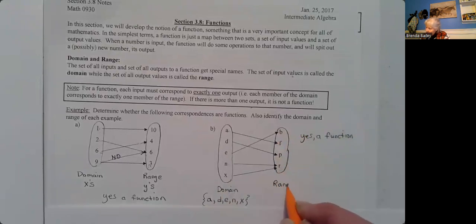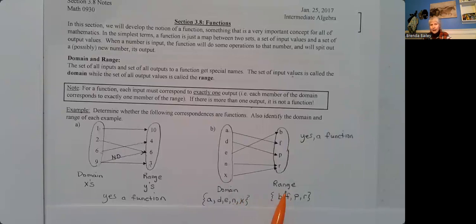And in Pearson, you would probably need to list them. B, F. A lot of times they don't care about the order. Sometimes they say, you know, in decreasing or increasing, but for the most part, order should be okay. So it is a function. Here's the domain, and here's the range.